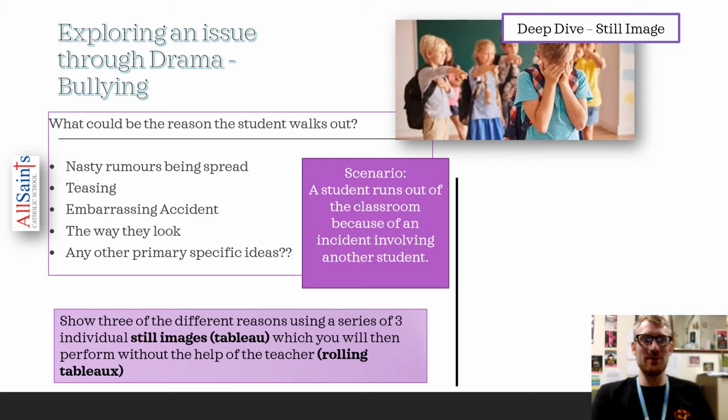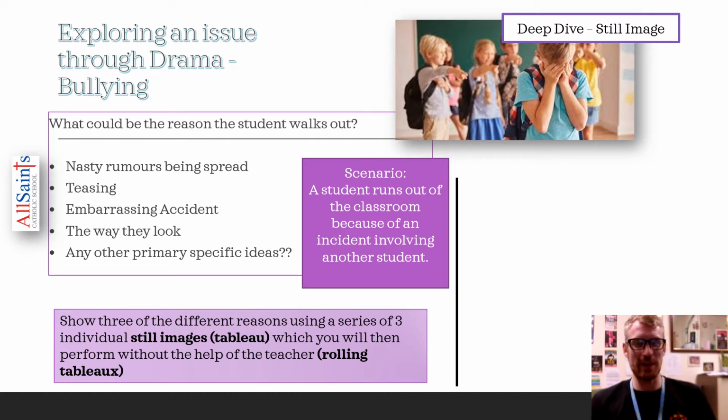And what I just wanted to do now was get you to pause in a second, and just jot down for me, if you're doing a still image, what might be some of the key drama skills that you think you need to get the students to really think about and consider when creating a still picture? Have a quick pause, maybe write down, see if you can get 3 or 4 of those, see how many you get right.